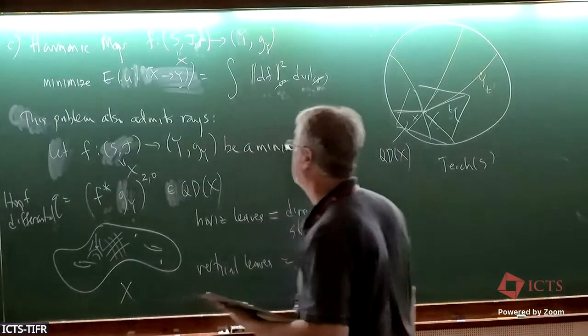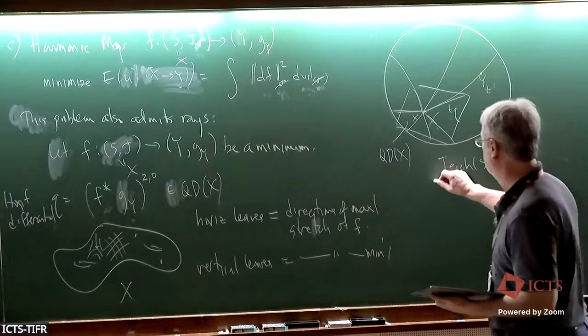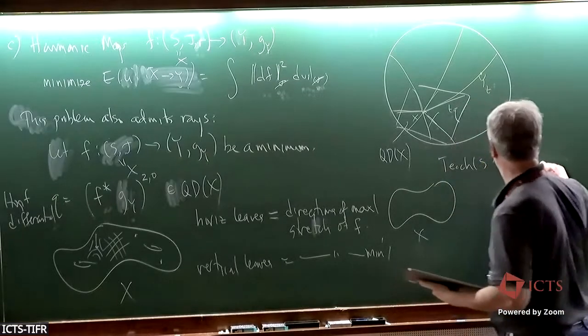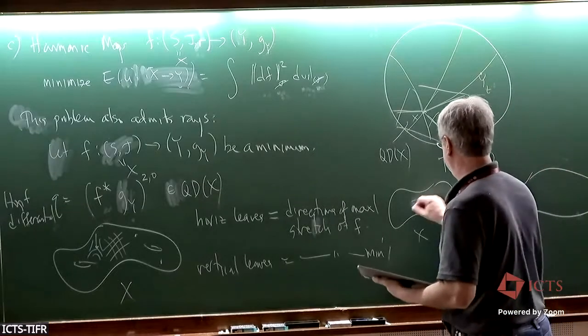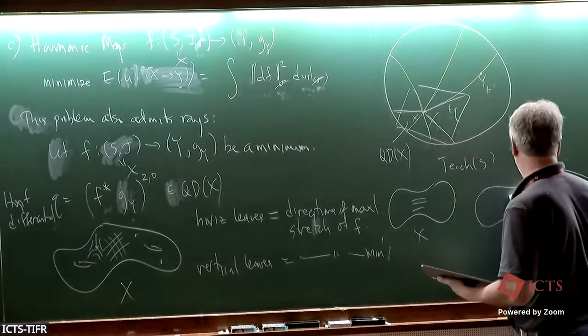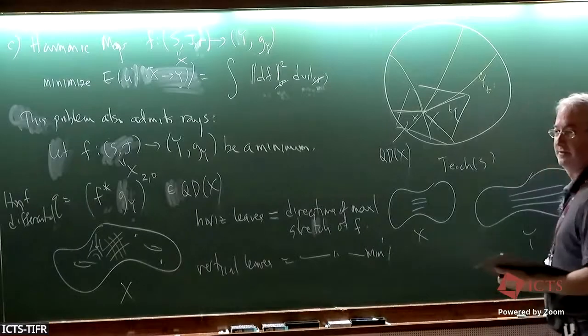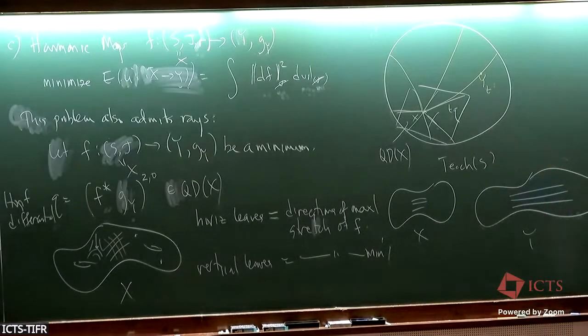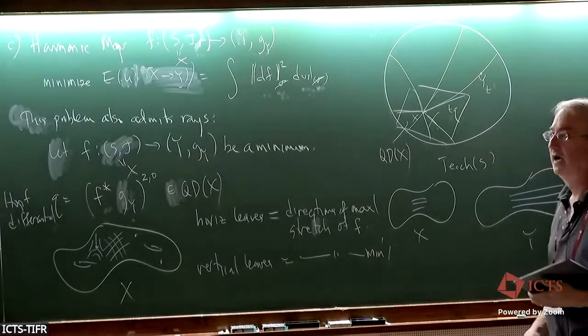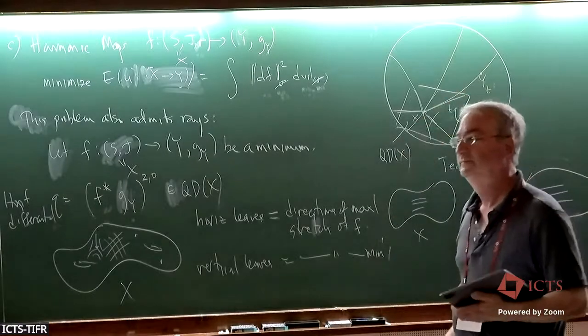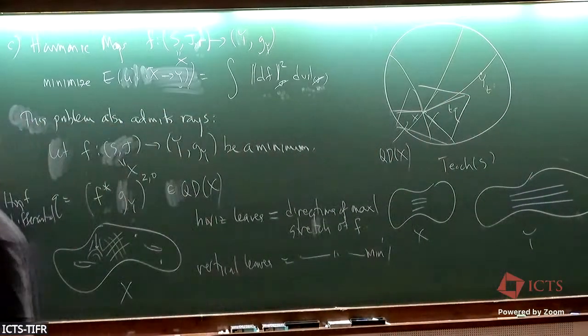It gives the correct hyperbolic structure. So you have X over here, you have Y over here, I have these horizontal lines, and then they get stretched to something longer over in Y.